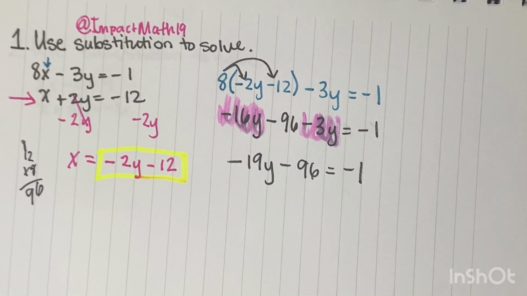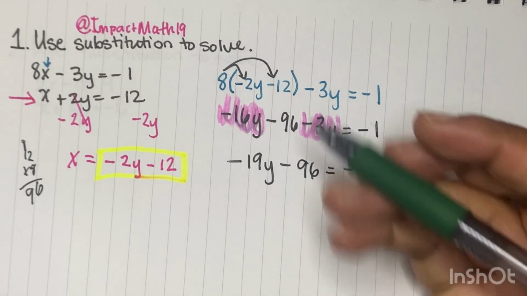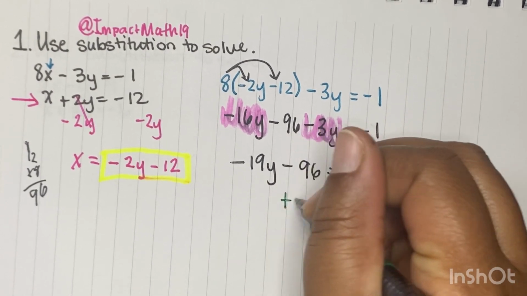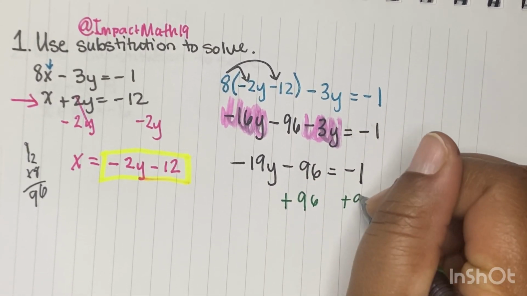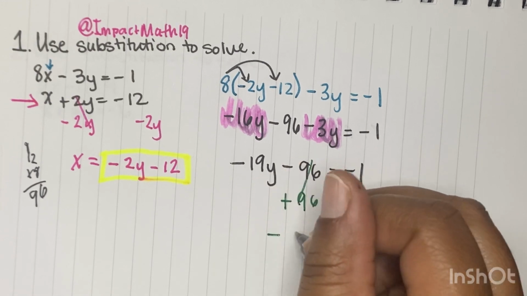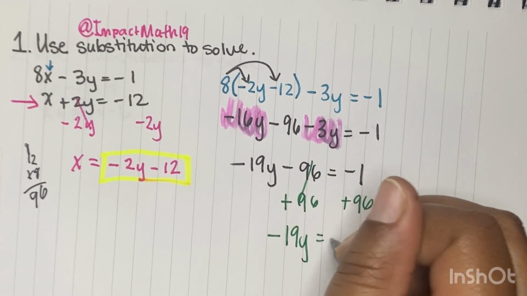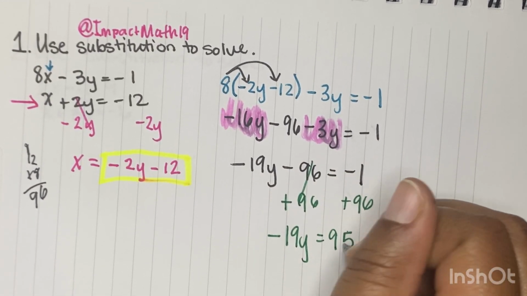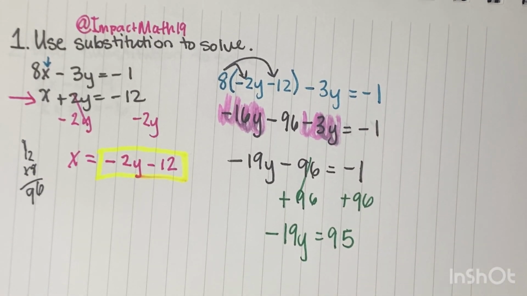Okay, now this becomes a two-step equation. So we want to move this negative 96 over here to this side by doing the opposite of minus. So we're going to add 96 to both sides. And we get negative 19y equals 95. Because 96 minus 1 is 95.